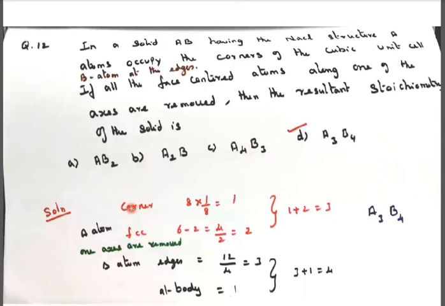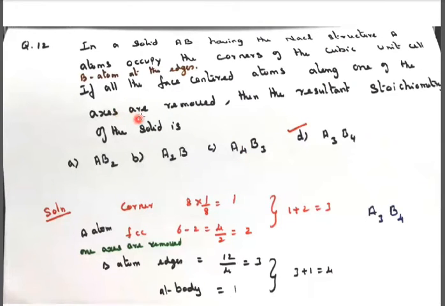Let us see. Corners of the unit cell: 8 into 1 by 8, that is equal to 1. Then A atoms also occupy face centers, FCC, face-centered cubic. NaCl is nothing but rock salt, an octahedral or FCC structure.